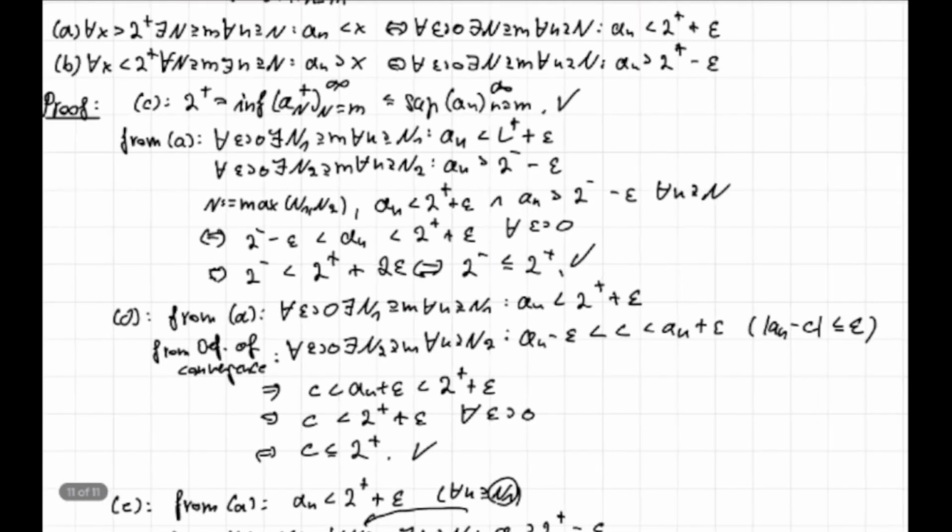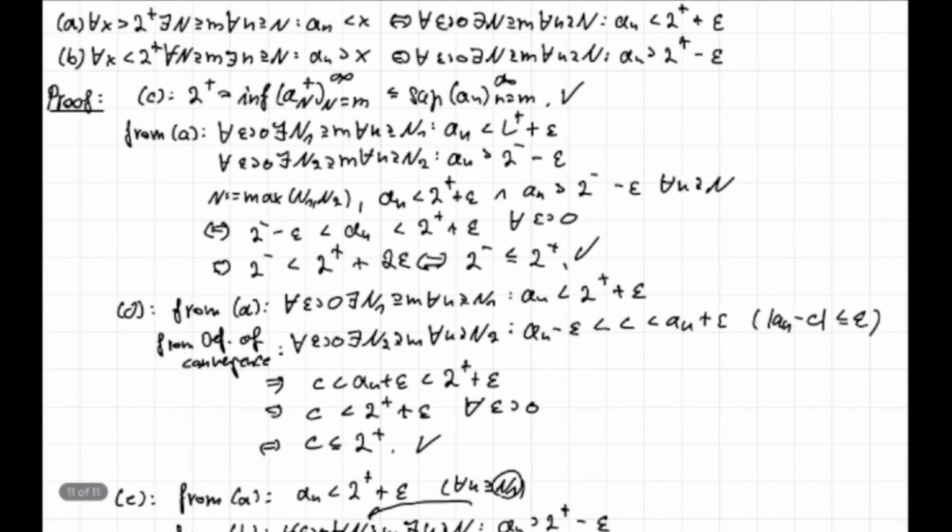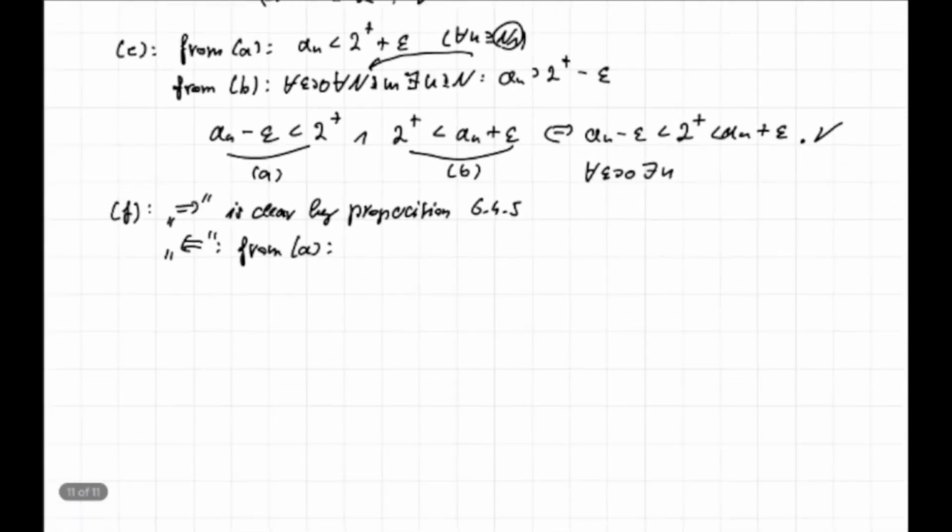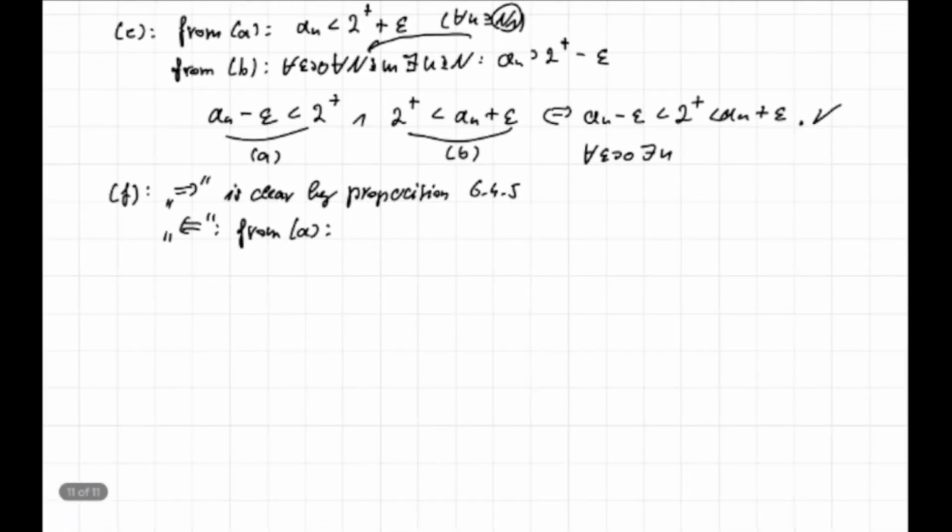That means we can apply A for the infimum and supremum part equally for the same number, C. And then it just follows that an is greater than C minus epsilon, and an is smaller than C plus epsilon.